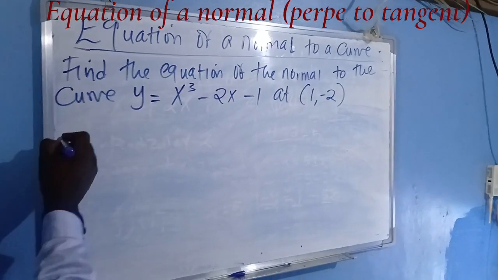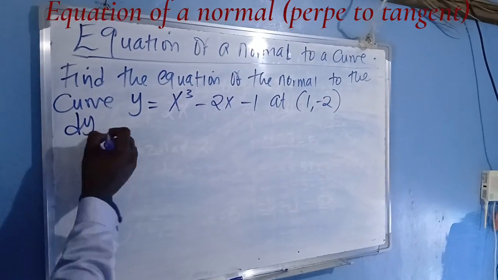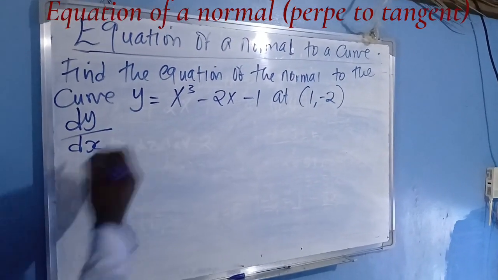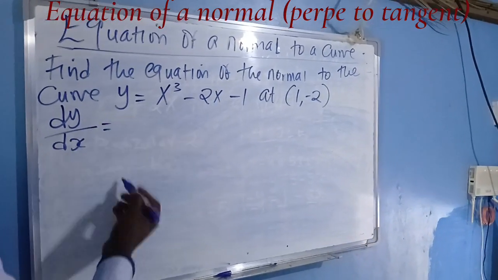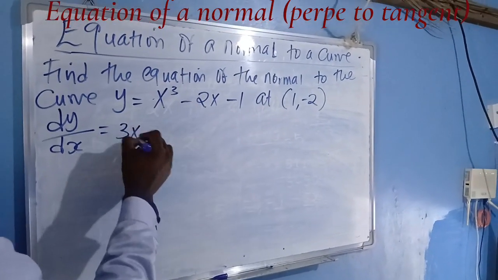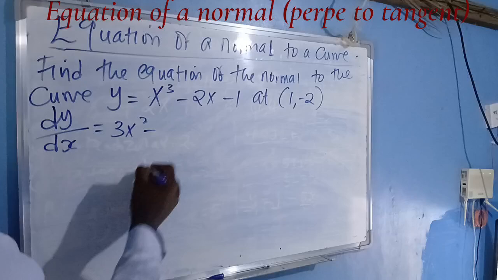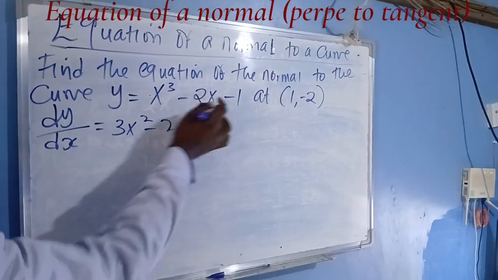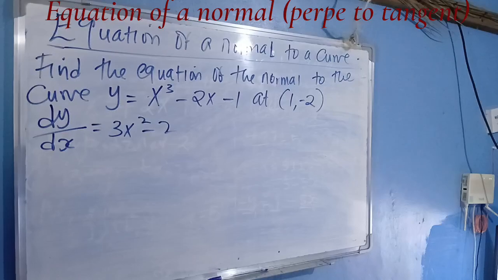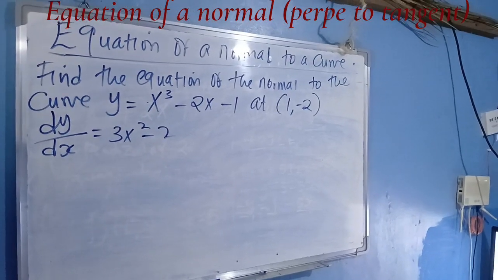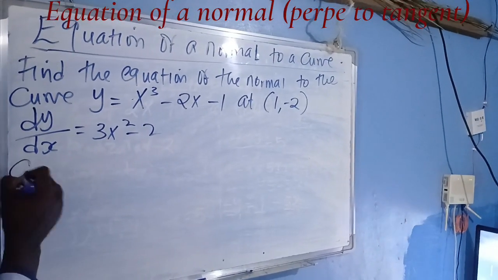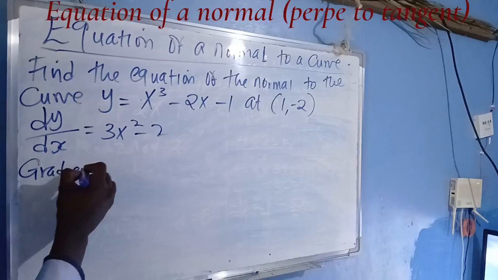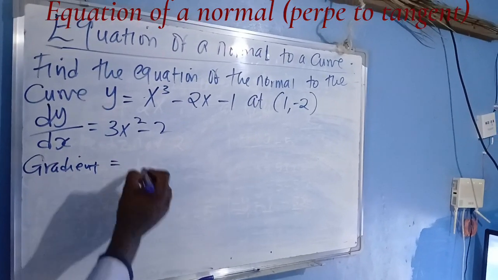So what is our gradient function, or dy/dx? Our dy/dx in this equation will be 3x squared minus 2. This is our dy/dx when you differentiate. Then what is the gradient?